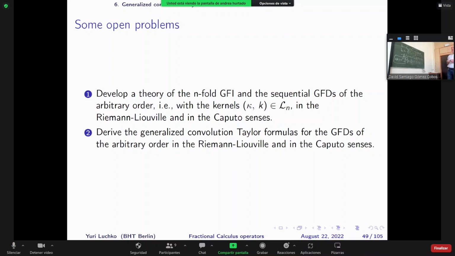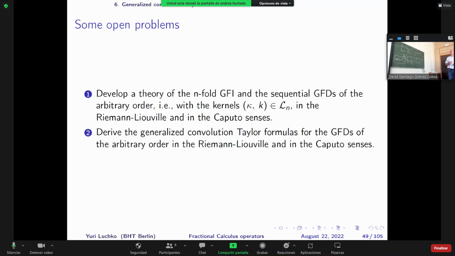So the theory of the n-fold general fractional integrals and the sequential general fractional derivatives of arbitrary order is not yet developed. I consider just the case of the kernels from L1, and also the form of the generalized convolution Taylor formula for these derivatives of arbitrary order is not here.